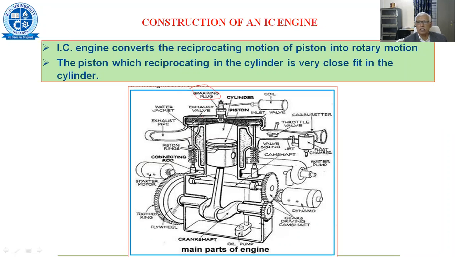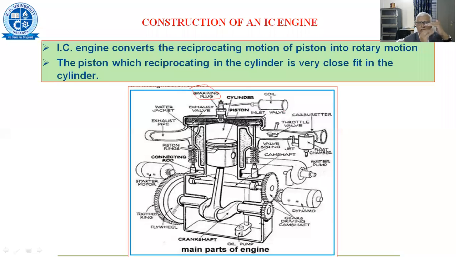This ignition system in the case of an SI engine will have a coil and battery and a switch to turn on and give the power to the ignition system such that it generates a spark at the time which is needed, when the piston goes to the upper dead center during the compression stroke.